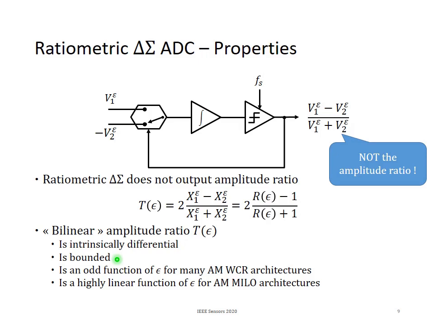First, for most amplitude-modulated weakly coupled resonator architectures, the bilinear amplitude ratio is an odd function of epsilon, as opposed to the conventional amplitude ratio. And also, as I will show next, it has some outstanding linearity properties for some specific amplitude-modulated MILO architectures.